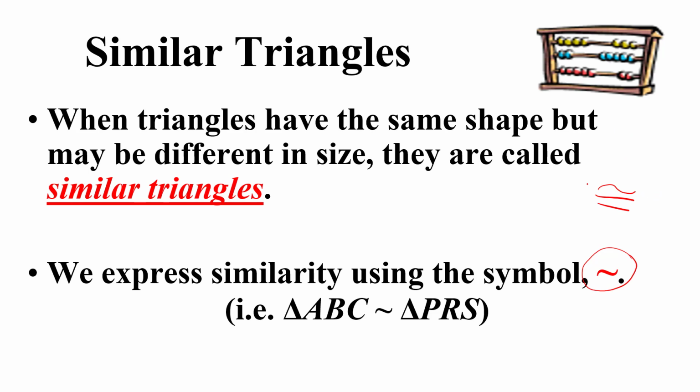So our congruency statement is basically saying we are similar and exact. The similarity symbol is basically just saying that these shapes are similar. They are proportionate in size. So triangle ABC is proportionate in size to triangle PRS.